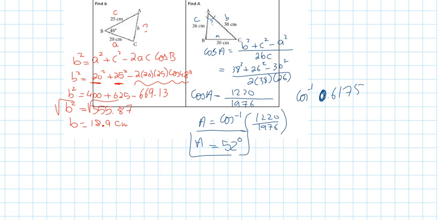What's the answer? 8. So that's 52 degrees. Are we good with that? All right. The trick that I want to teach you is that entering the math properly in the calculator is half the battle.